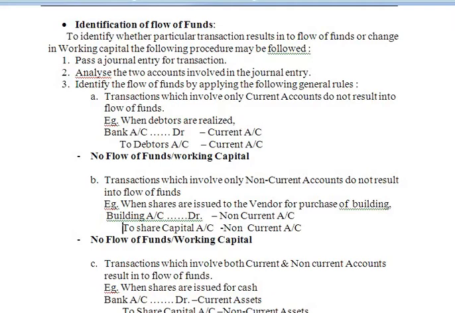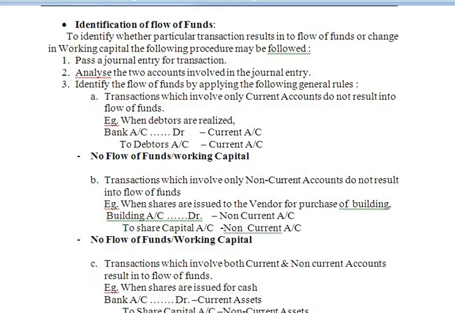Okay, now we have to again apply the second step of the procedure. What is that? Analyze the two accounts involved. Now building account is a non-current account, that is a fixed account. Share capital account, again it is a non-current account, and both the accounts are non-current accounts, hence the result is no flow of funds. Okay, so this is the second rule.